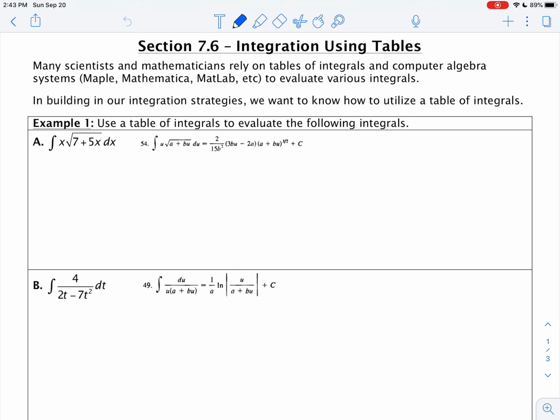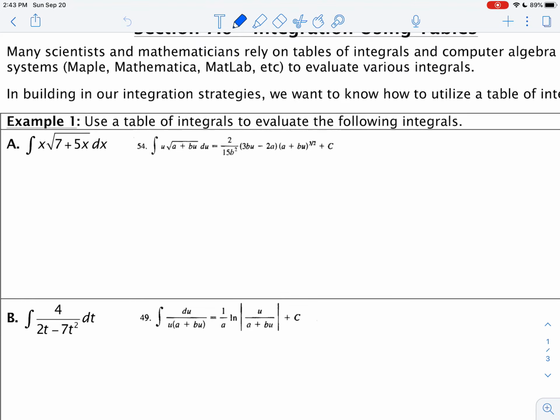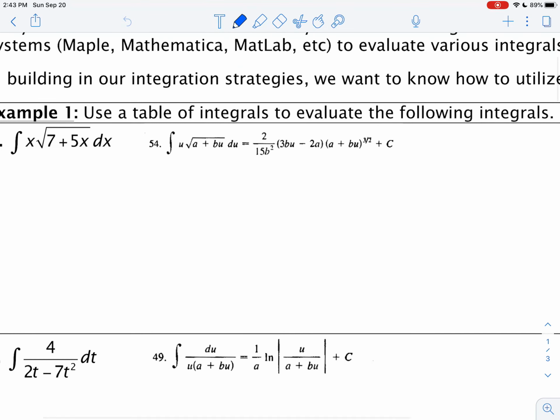All right, looking at part a, we've got the integral of x times the square root of 7 plus 5x, and I see a table entry that looks very similar to that. I can see that u would equal x, a would equal 7, and b would equal 5.